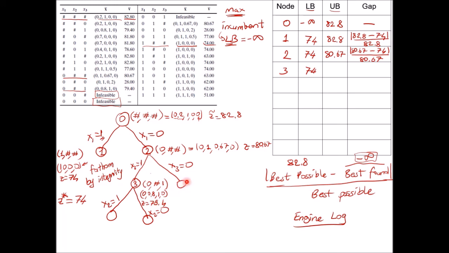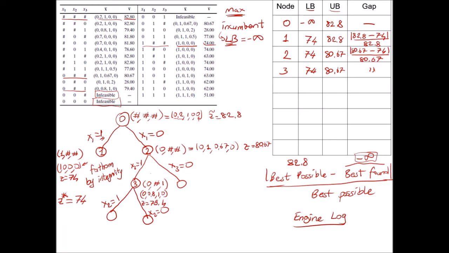The parent of this one is this, and its value is 80.67. So the best one of these two parents will be my upper bound, the best. For a maximization problem, this one and this one, which one is the best? This one. So this will be my upper bound, okay? So it is still 80.67, and the gap value will be exactly the same because the lower and upper bounds are the same, so they will be the same.